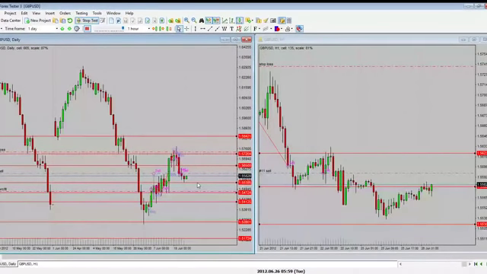Okay, so now I would be looking, at this point, price is kind of sideways. So price is sideways, and it's pulled back. So we have this move to the upside.